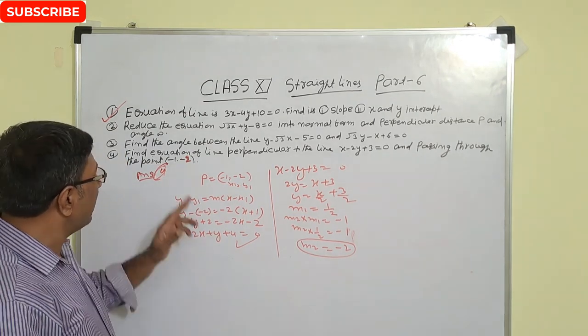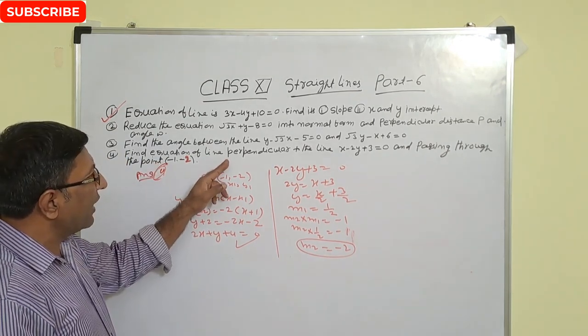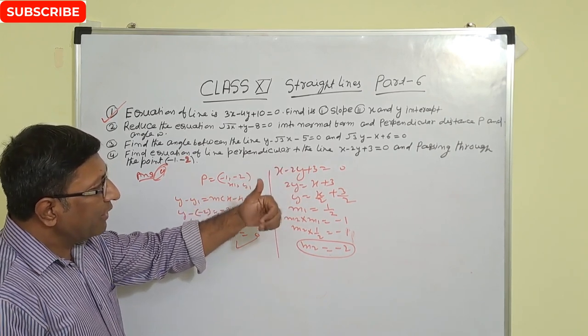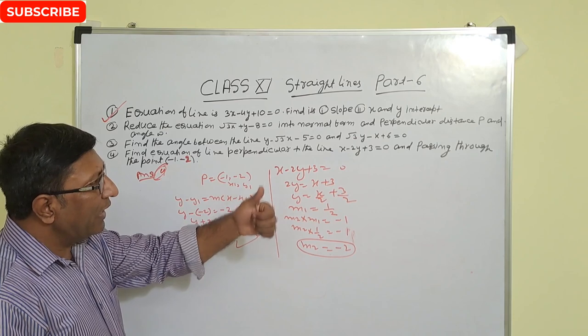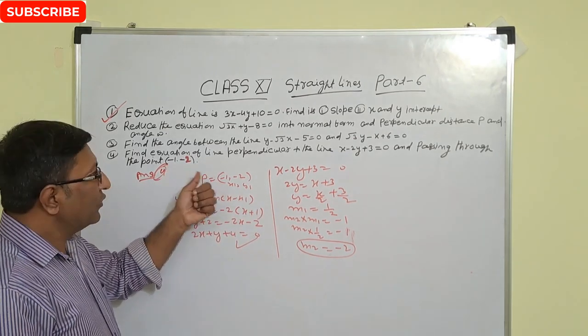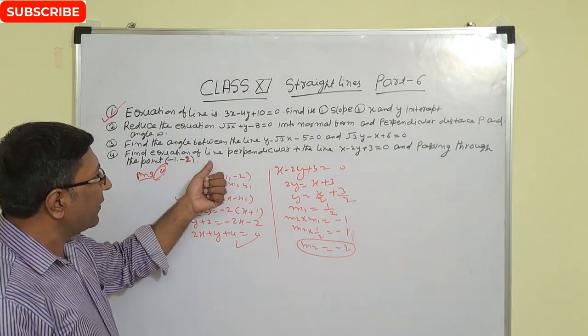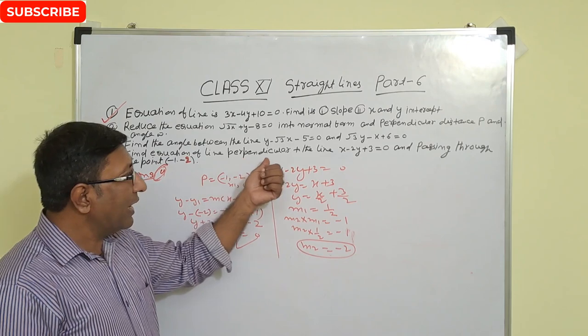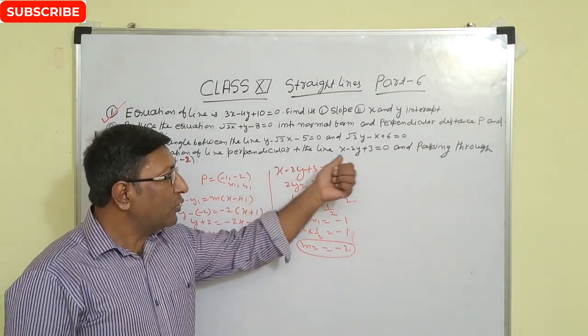So again you listen the question. Find equation of line perpendicular to the line x minus 2y plus 3 equal to 0 and passing through the point minus 1, minus 2. So the required line is perpendicular to this line.